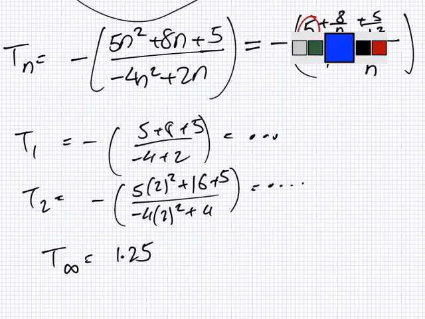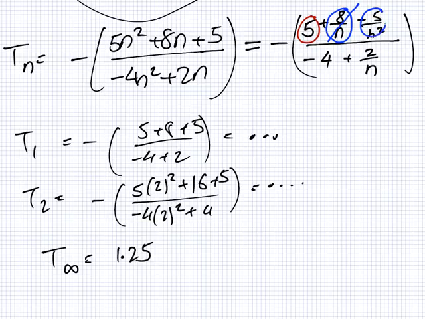No. What happens to this when n is very big? It's 0, it's very small. What happens to this? Very small. This stays the same, and this small. So the answer will be 5 over 4, 1.25. So this type of problem is actually easier than the previous one.